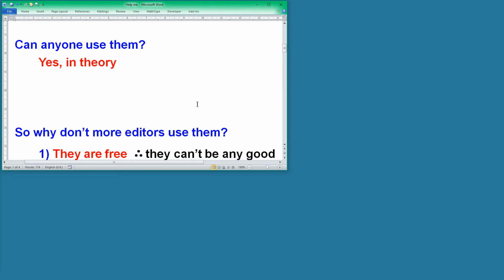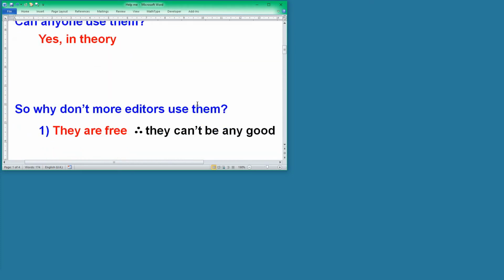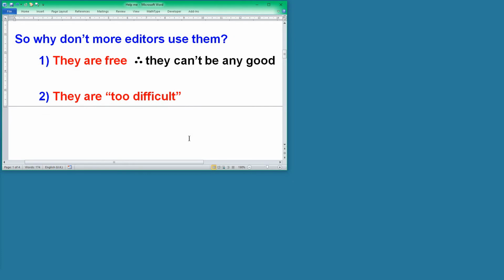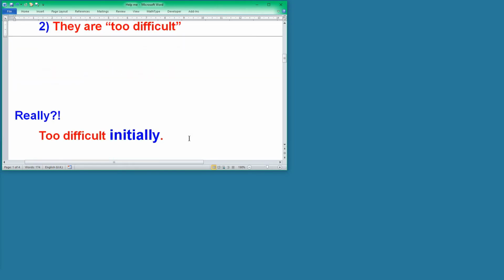So why don't more editors use them? Well, one thing I think actually is that because they are free, people can tend to think that they aren't any good. Well, how could something that's really good not cost anything? And the second reason probably is that a lot of people just cannot make that initial step of saying, okay, no, it's just too difficult, I don't want to start.